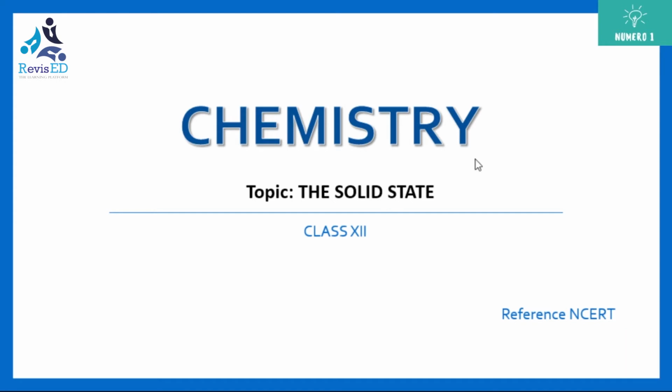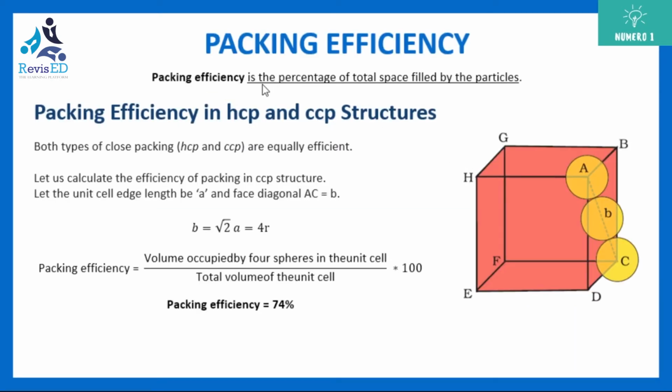So in this we will see first is packing efficiency. Now, packing efficiency is actually the percentage of total space filled by the particles. Here the particles means, if you remember, let's say that this is our cube, and this is my atom.